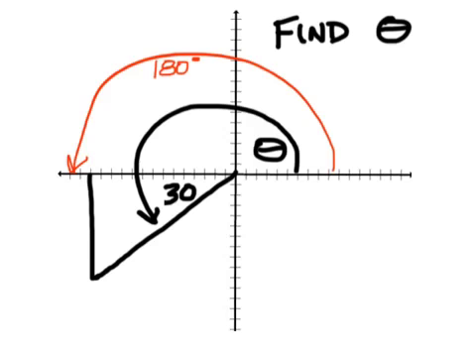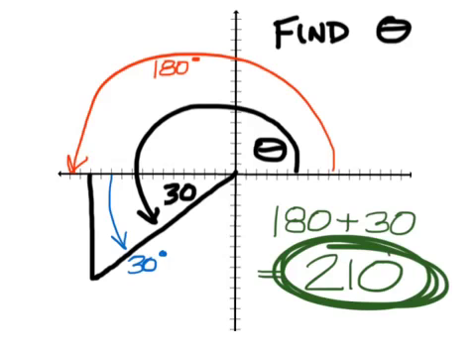So 180 is that entire x-axis. We found 30. So if 30 is on the inside, you're going to add 180 and 30 to come up with a value of 210. In the 3rd quadrant, you find your angle inside, add 180 to it, and you come up with the value of theta, which would be 210.